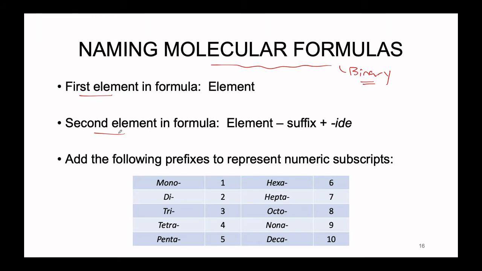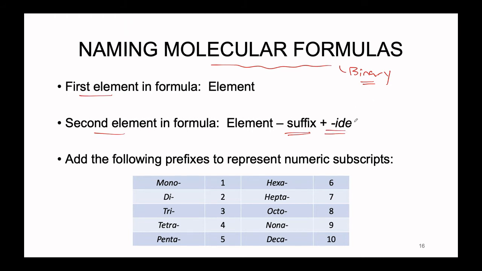2 element types. When it comes to naming our molecules, the first element, we're just going to call it by the element name. And the second element, in much the same way as what we did with our anions before, we're going to take the element name, drop the suffix, and add IDE.